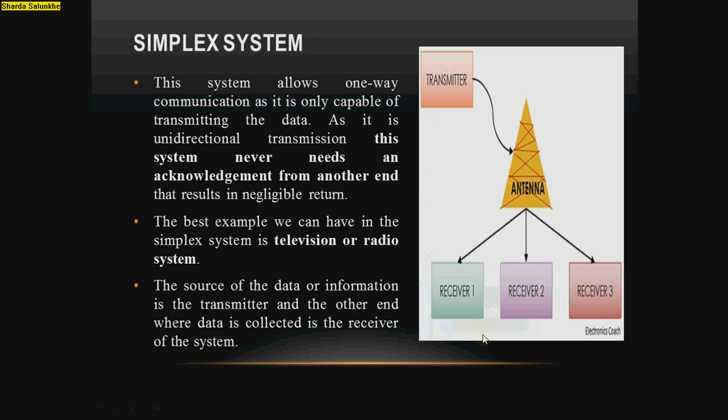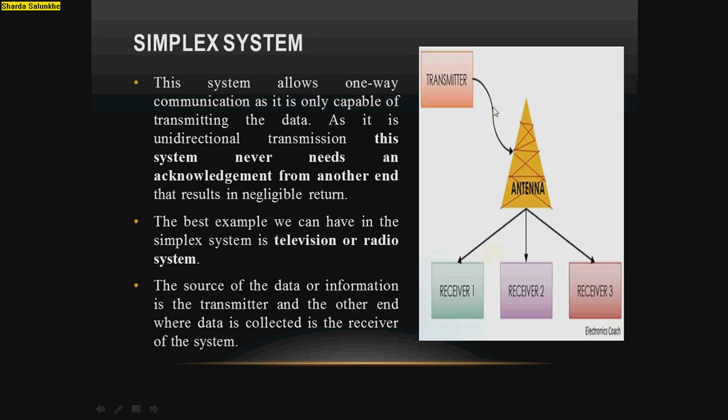Simplex communication system. In this system, there is one-way communication, as it is only capable of transmitting data. As it is unidirectional transmission, this system never needs an acknowledgement from the other end, and this results in negligible return. If one transmitter wants to send some information to different receivers, the transmitter sends the information to the antenna or channel, and that antenna will broadcast the message to the different receivers.